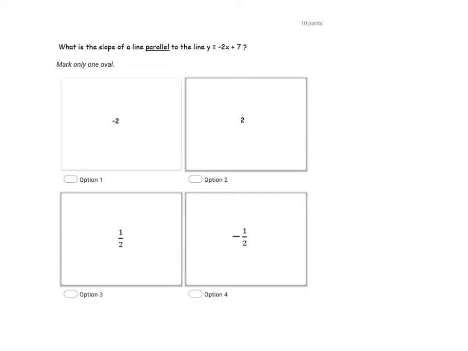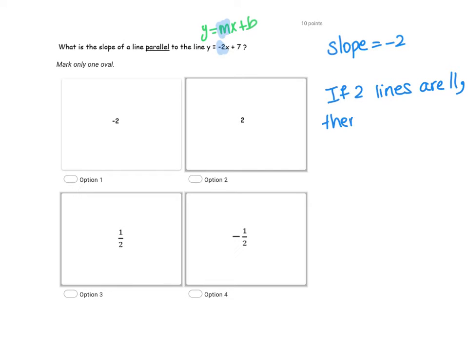Now let's move on to the next question. What is the slope of a line parallel to the line y equals -2x plus 7? Again, this equation is given to me in the slope-intercept form. And the slope in this case is m, which is -2, the coefficient of x. So the slope is -2. Now, if two lines are parallel, so that's the symbol for parallel, then their slopes are equal.